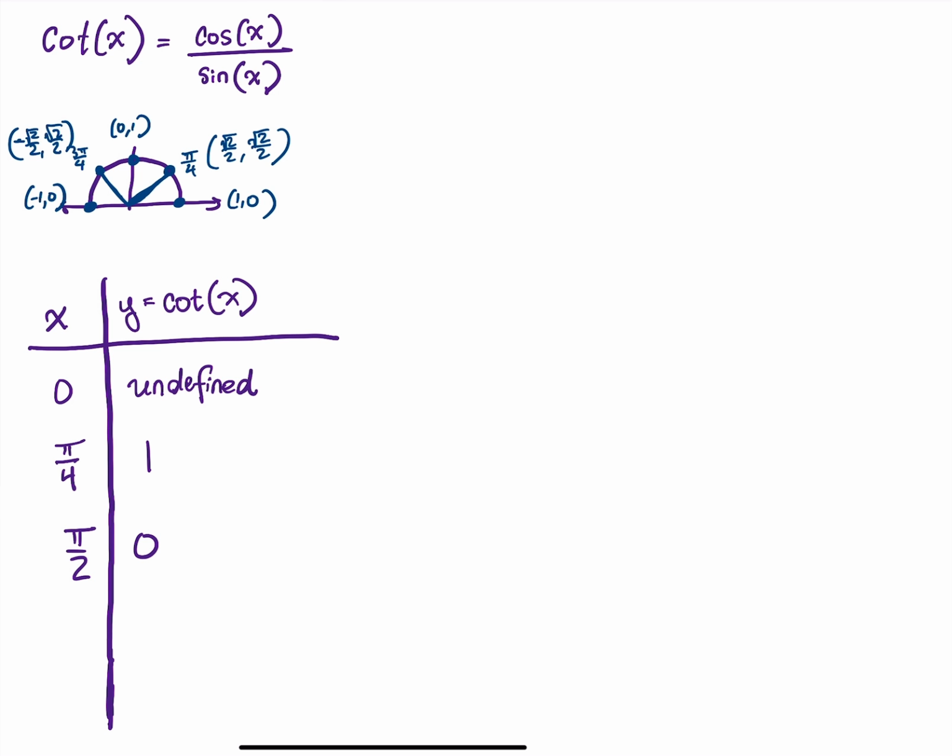Then at 3 pi over 4, I'm doing negative root 2 over 2 divided by positive root 2 over 2. Negative divided by a positive will be negative, so we'll get negative 1. And then over there at pi, negative 1 divided by 0, that will be undefined. So this will be one cycle for the cotangent. So let's look at a graph.